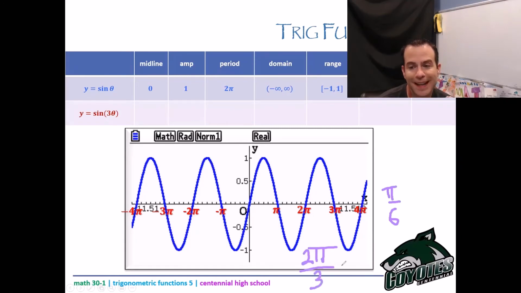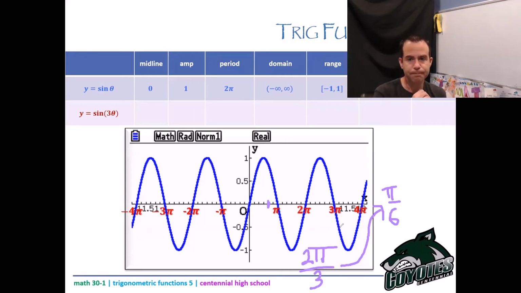Well, if I want to convert that to tick marks being pi over 6, 2 pi over 3 is the same as 4 pi over 6. Okay? So a new period, look at this, 1, 2, 3, 4. That's where my new period will end, at 4 pi over 6. Okay, because my new period is 2 pi over 3, and 2 pi over 3 is the same as 4 pi over 6. I'm just trying to convert it to the tick marks that I have in front of me, so I can kind of count the tick marks.